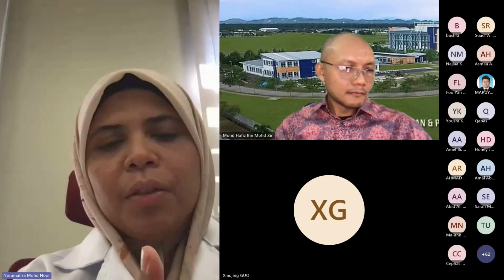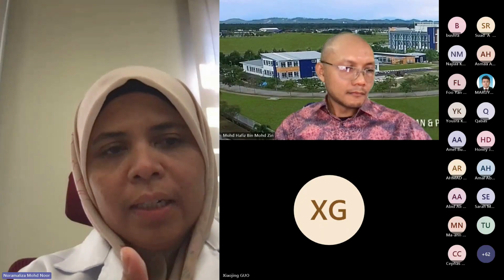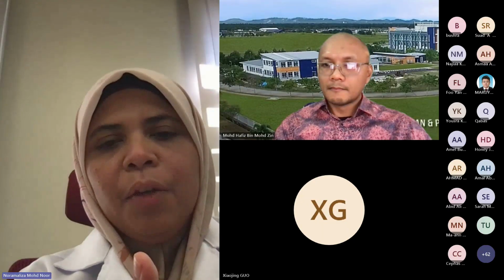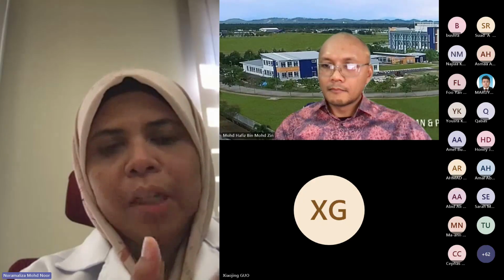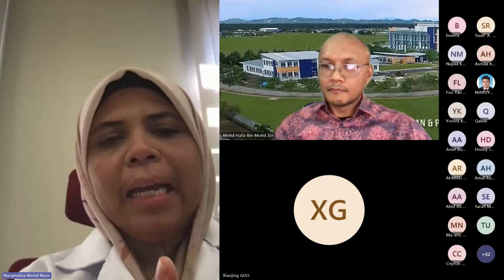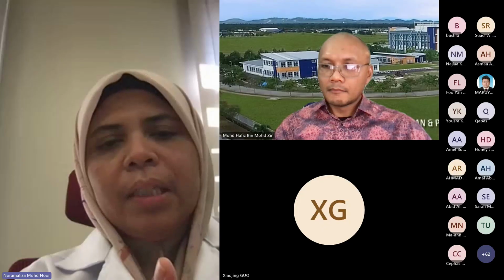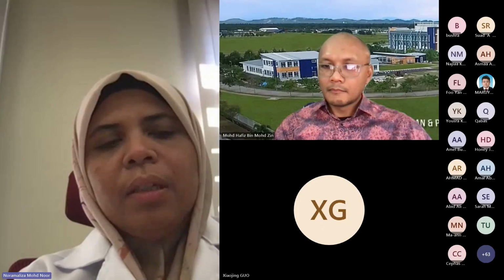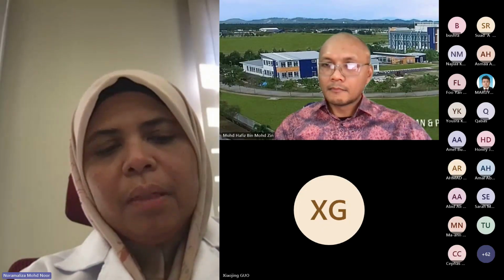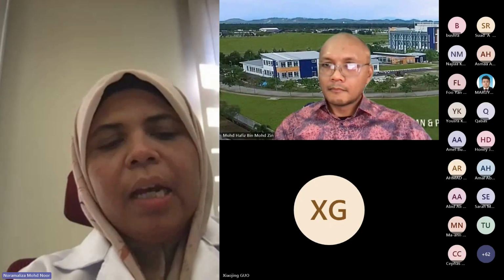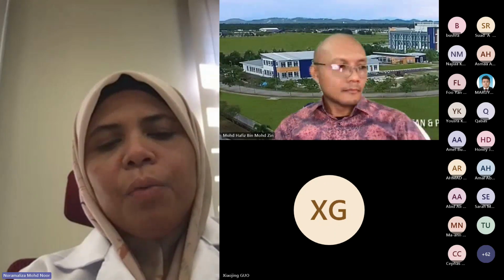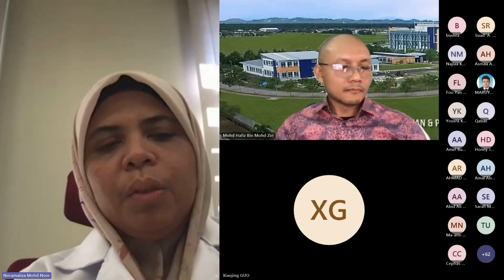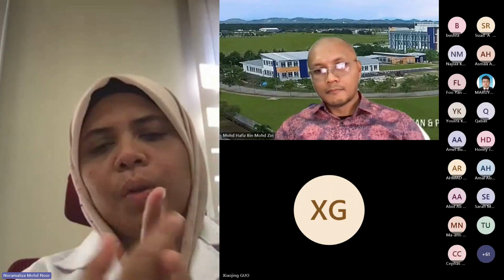So for the radiation workers dealing with the patients, besides wearing the radiation dose detector for monitoring, they also have to apply the radiation protection principles, which are three things: justification, optimization, and dose limit. In the case of optimization, they have to apply three things: time, distance, and also shielding.